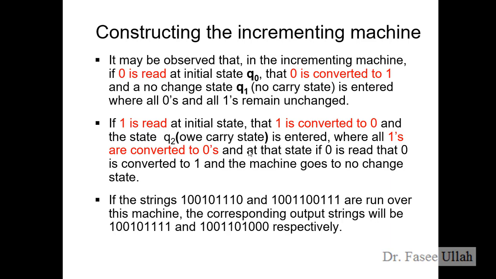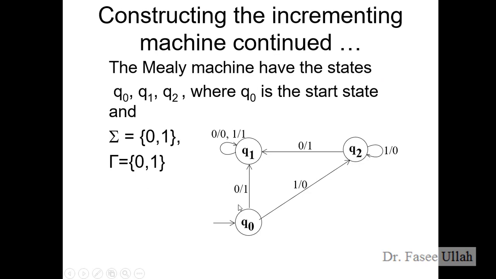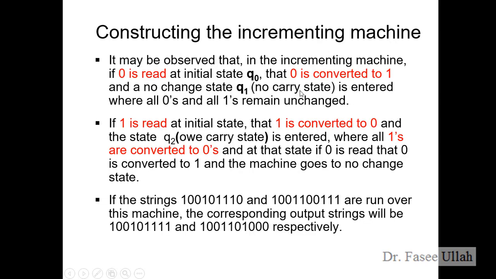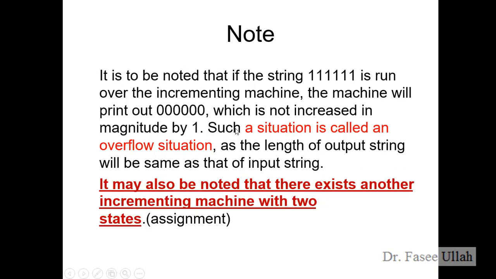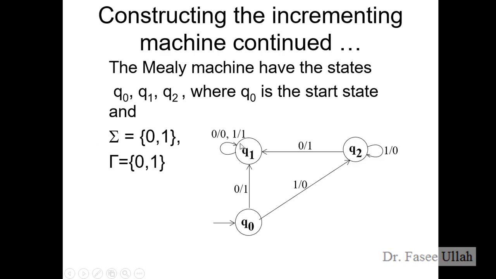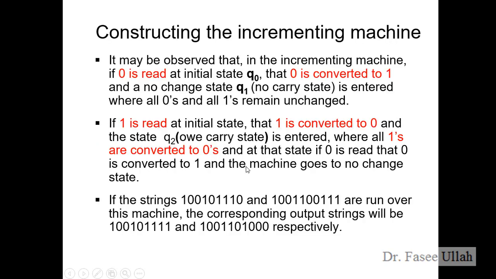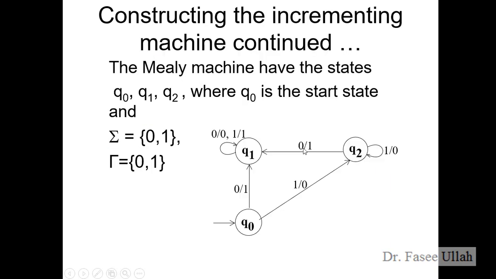So it's talking about this: if we read 0 from this state and reach here, we will get the 1 from this state. If 1 is read at the initial state, on this Q1, then 1 is converted to 0 and the state Q2 is entered.